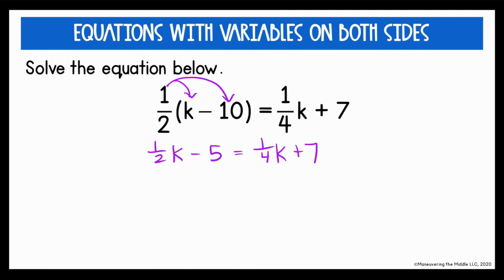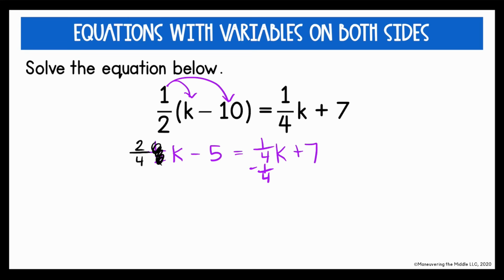Now with these variables that have fraction coefficients, I'm going to rewrite 1/2 as 2 over 4 because I'm giving it a common denominator with 1/4. That helps me see that 2/4 is greater than 1/4. So I'm going to bring my k's or my variables to the left.